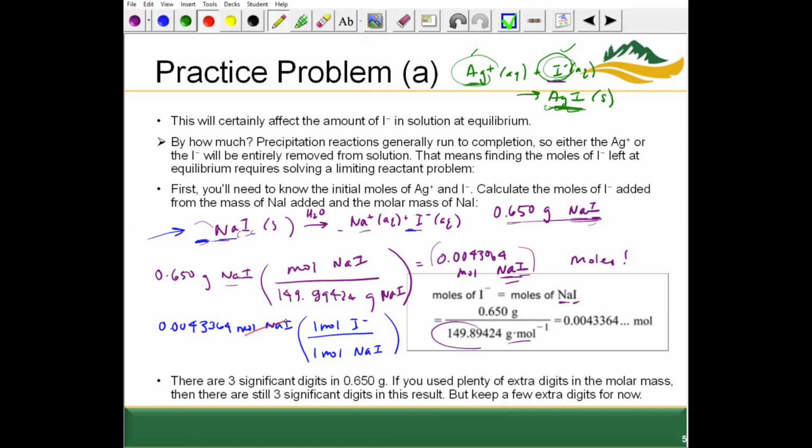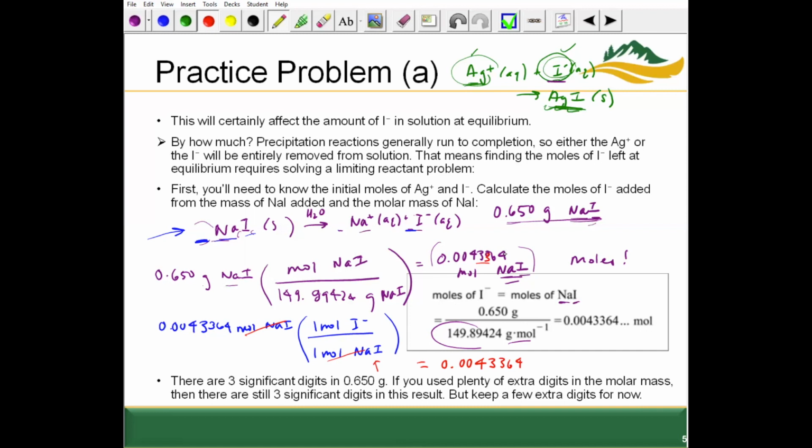So here moles of NaI and moles of NaI cancel out, and this is the same mole amount of I-, but again, it's important to do this mole to mole ratio to then prove that. So really we are going to get this same number because it's that 1:1 mole ratio, but here it's 0.004334. It should be a 3.